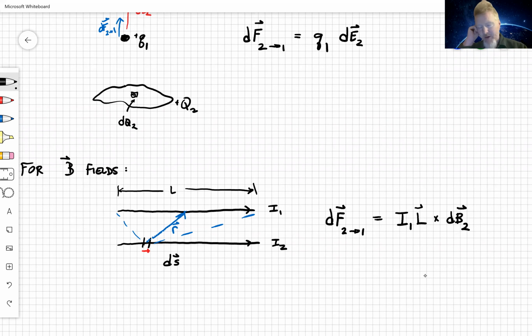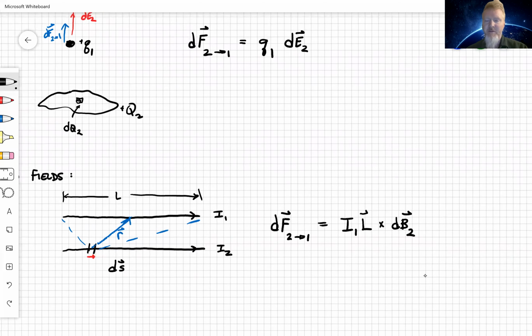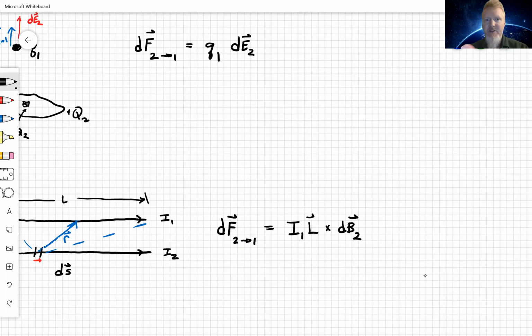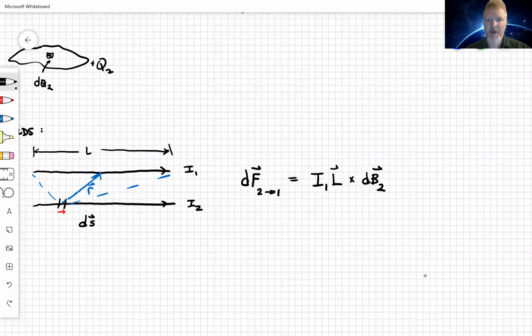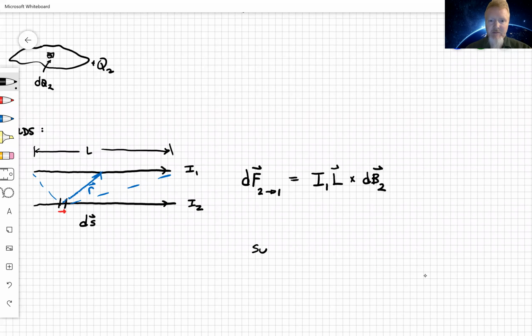So let's compare and say that Q1 is essentially, if I think of the fields as being the comparable things, okay, if I think of the fields as say, look, I've got a dE2 and I've got a dB2, all right. So if I take a look at Q1, then we're going to say here then that Q1, or actually maybe, well, it's probably the other way around.